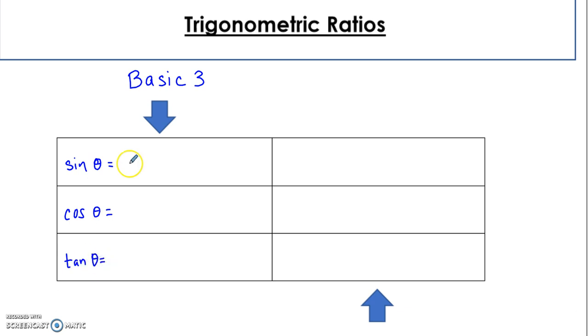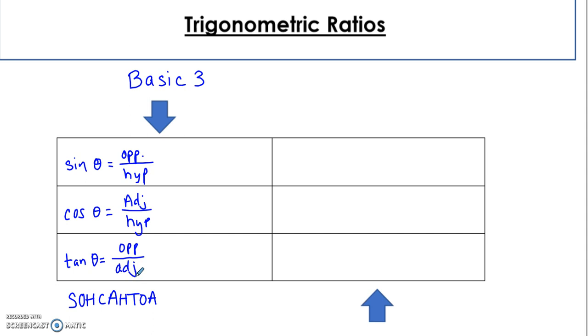All right, so for sine, and I know a lot of you write SOHCAHTOA, so we'll write that. SOHCAHTOA. So sine, we have the opposite over the hypotenuse. For the cosine, we have the adjacent over the hypotenuse. And for the tangent, we have opposite over adjacent.